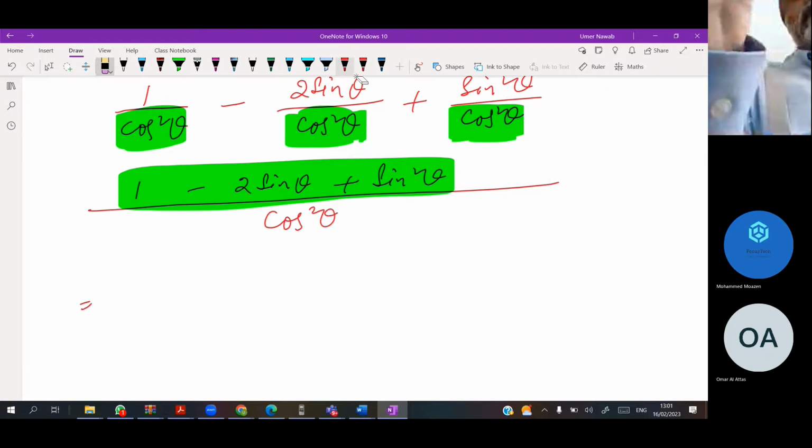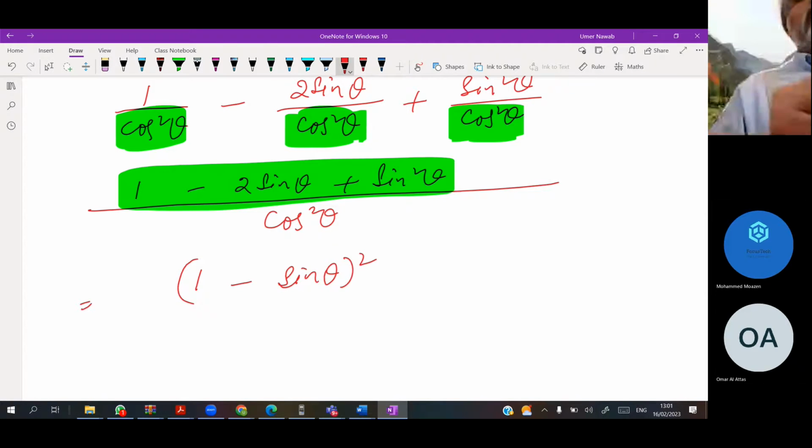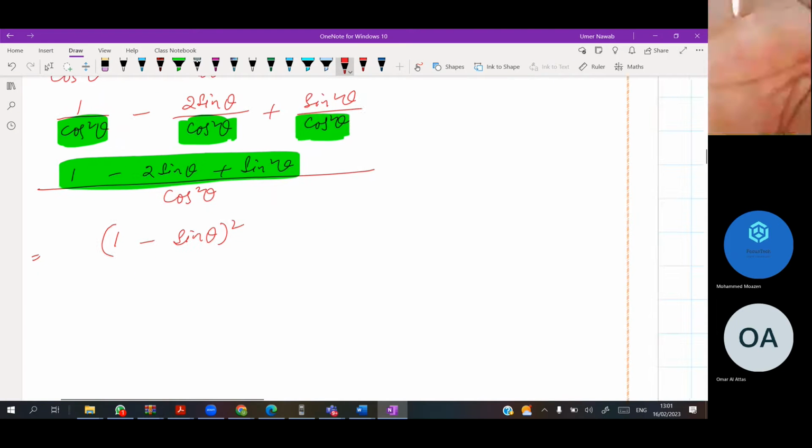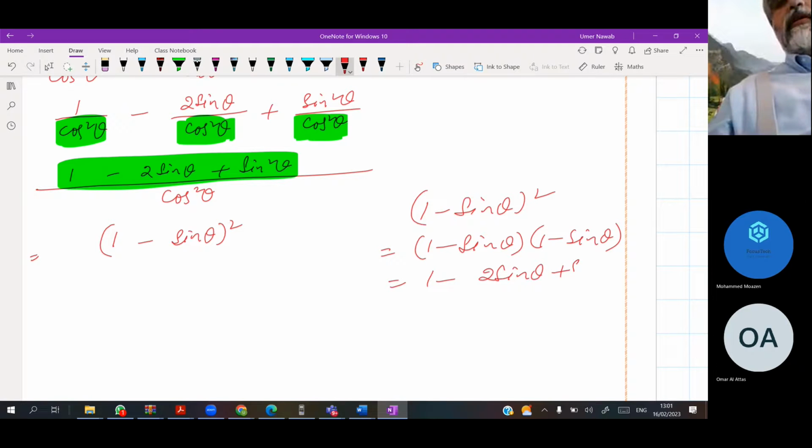Can I write it like this? 1 minus sine theta whole square. Allow me to write it, because if you open 1 minus sine theta whole squared, 1 minus sine theta, 1 minus sine theta, believe me, you will get 1 minus 2 sine theta plus sine squared theta. Same answer will come to you.